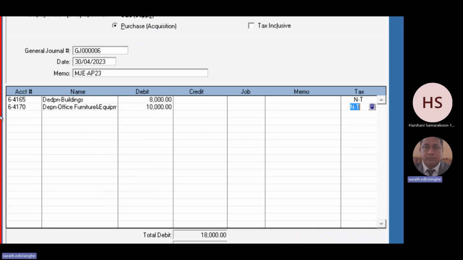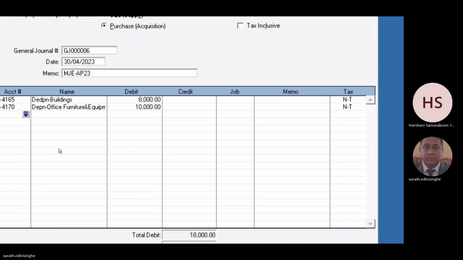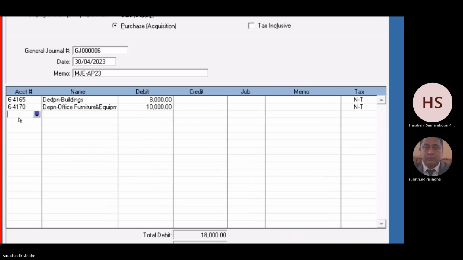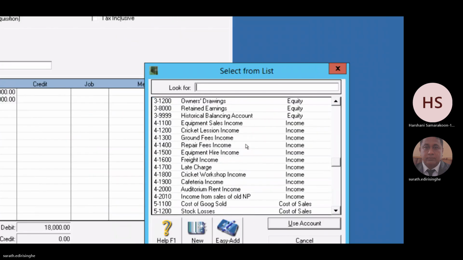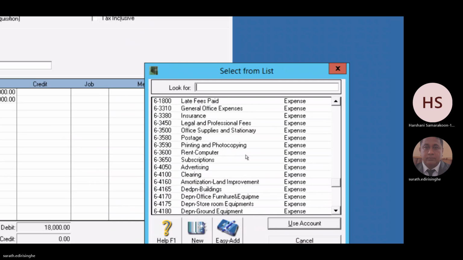And debit my ground equipment, no? Storeroom equipment.